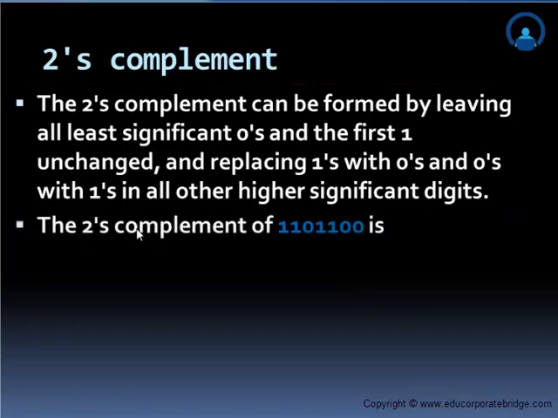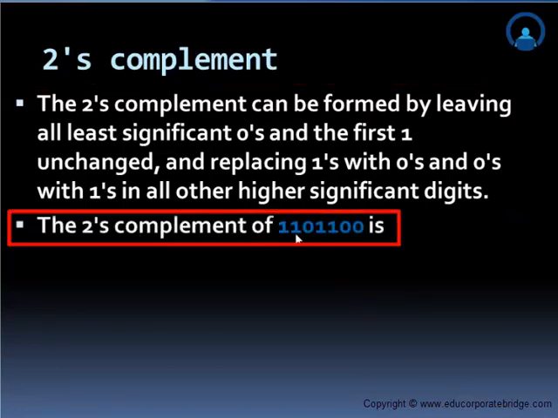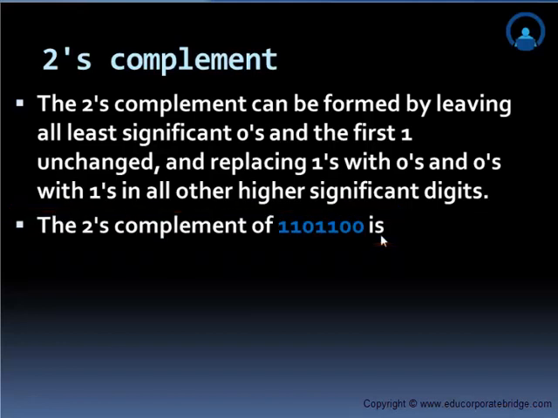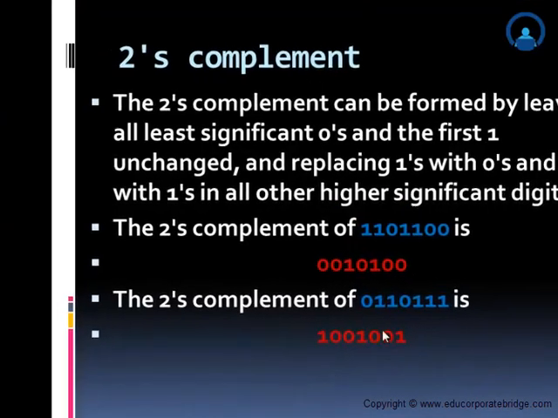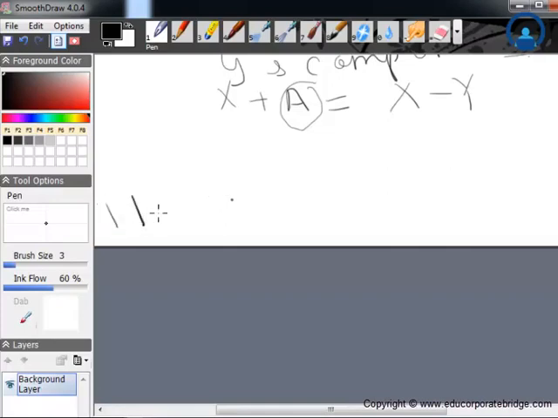Let us take an example to find the 2's complement of the number 1101100. The 2's complement of this number is 0010100. I'll just explain how this comes. The number is 1101100.